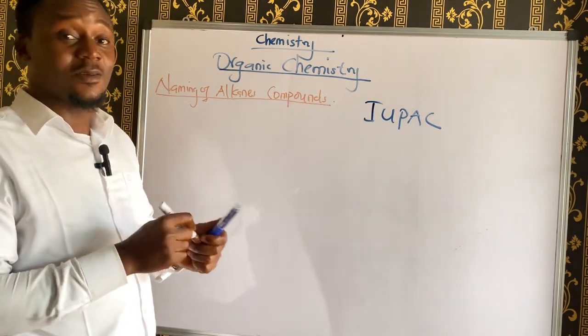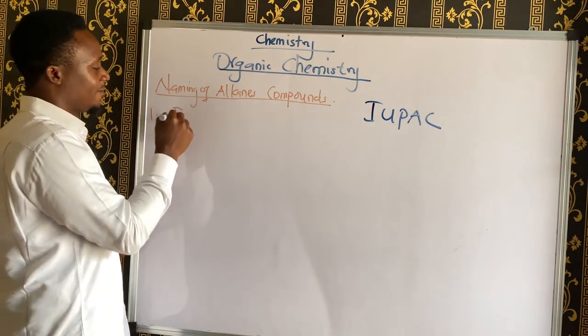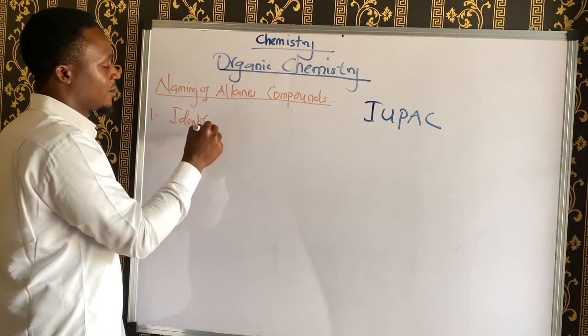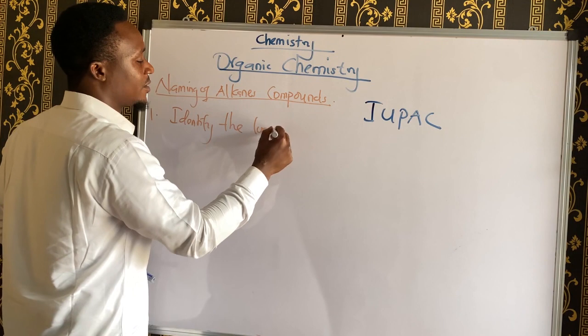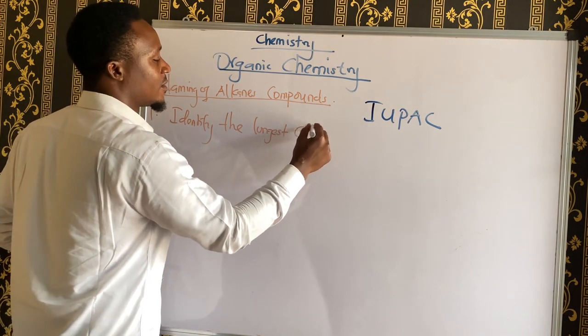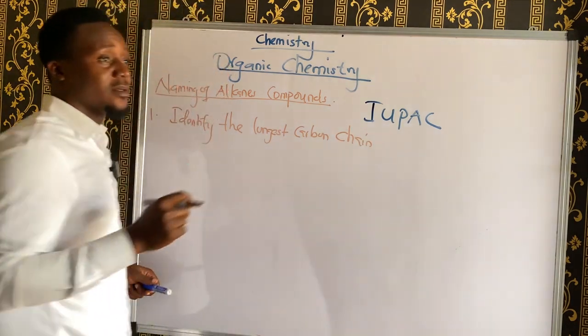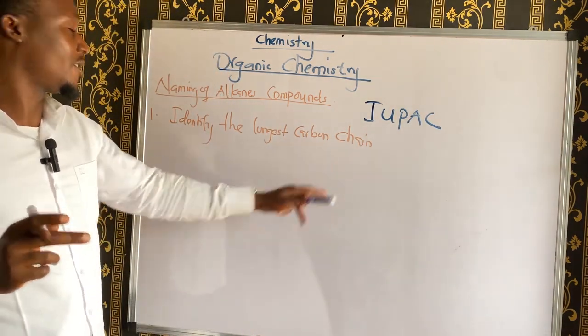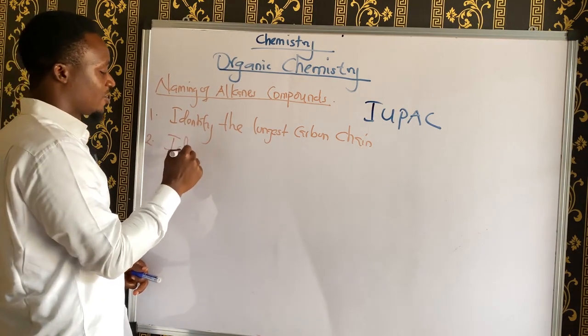And these rules are: 1. You identify the longest carbon chain. In the compound, you identify the longest carbon chain. Secondly, we also identify the substituent.